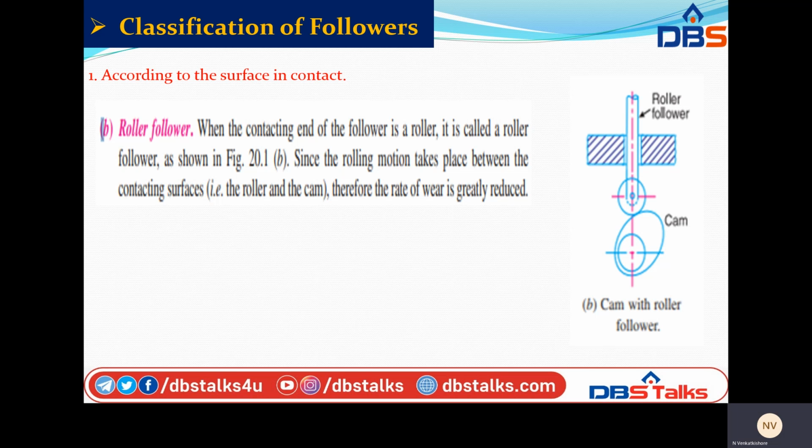These followers are used where more space is available, such as in stationary gas and oil engines and aircraft engines. The rate of wear is generally reduced because rolling motion takes place between the cam and the follower.